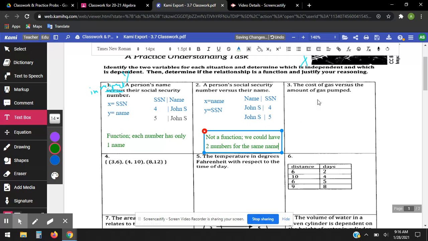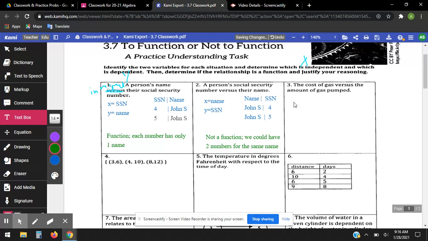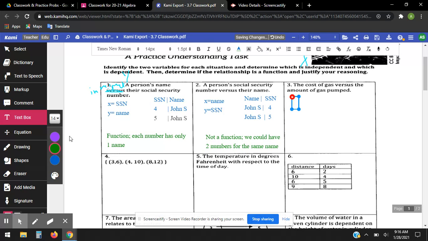All right, cost of gas versus or in respect to the amount of gas pumped. Well, again, let's figure out our x's and y's. So if it's the gas versus the amount pumped, what do you need to know first? What's the independent? Well, you can pump any amount of gas.